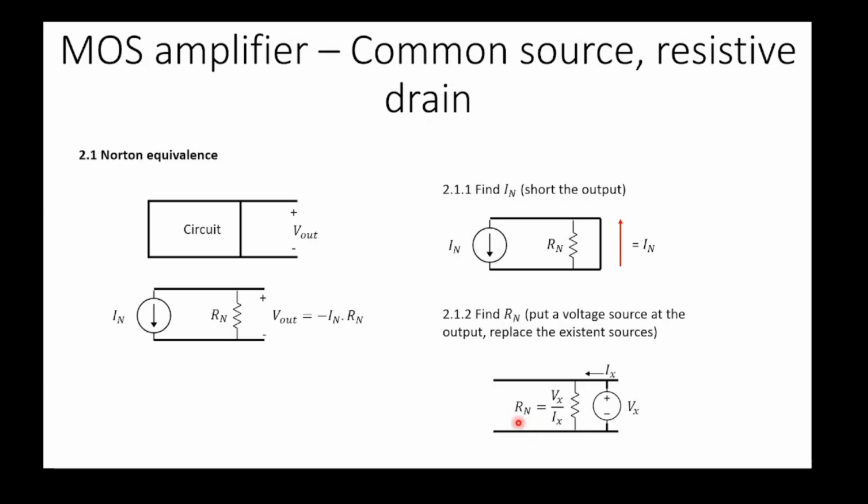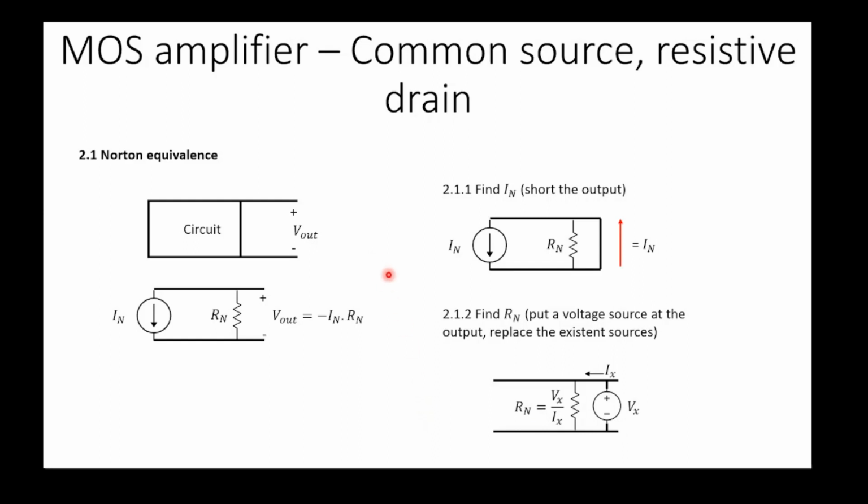Of course, in this model, RN is only a resistor, so the expression is not that complicated. But when we start to do analysis with something more complex, for example the amplifier with the MOS in the common source configuration, RN is not that simple to see.